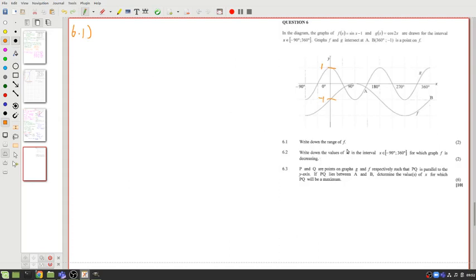Write down the range of f. So this is f's graph, the equation f of x equals sine x minus 1. What is the range of our normal sine x function? The normal sine x function has a range from negative 1 to 1 inclusive.